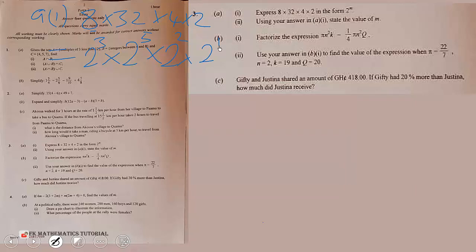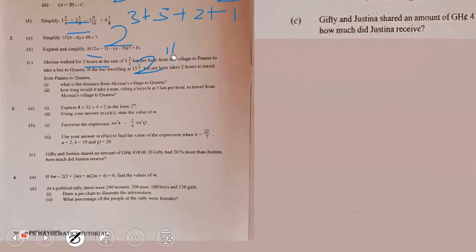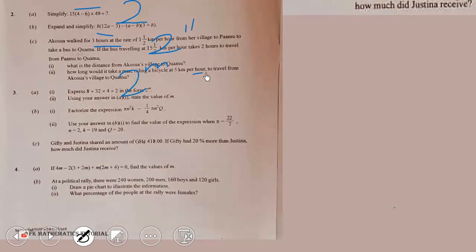So this is the same as write down one base and add the exponents. 3 plus 5 is 8 plus 2 is 10 plus 1, so 2 exponent 11. Therefore, compare 2 exponent m to 2 exponent 11. Since the bases are the same, m is equal to 11.